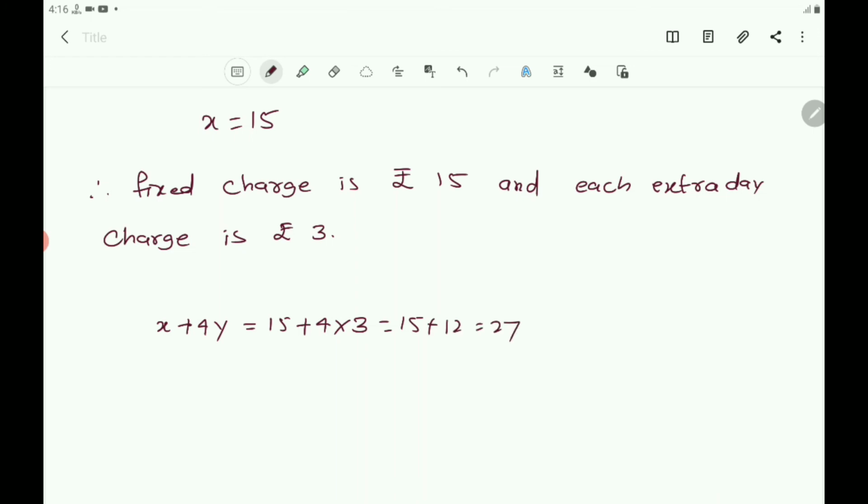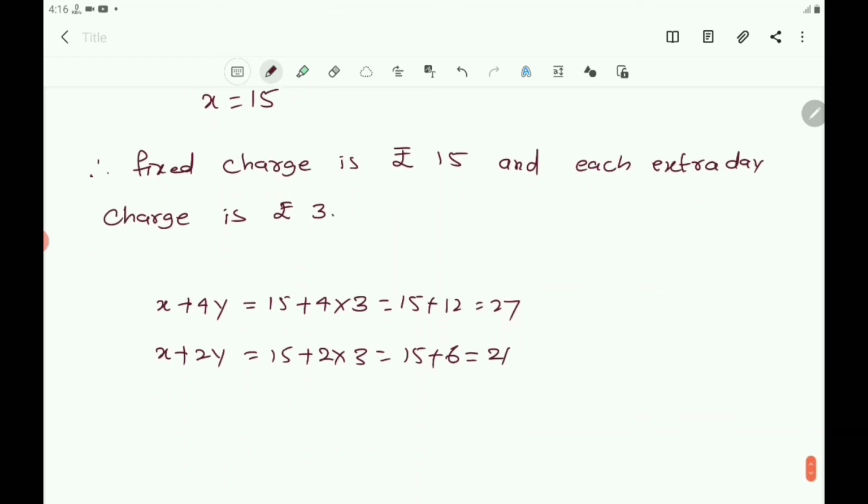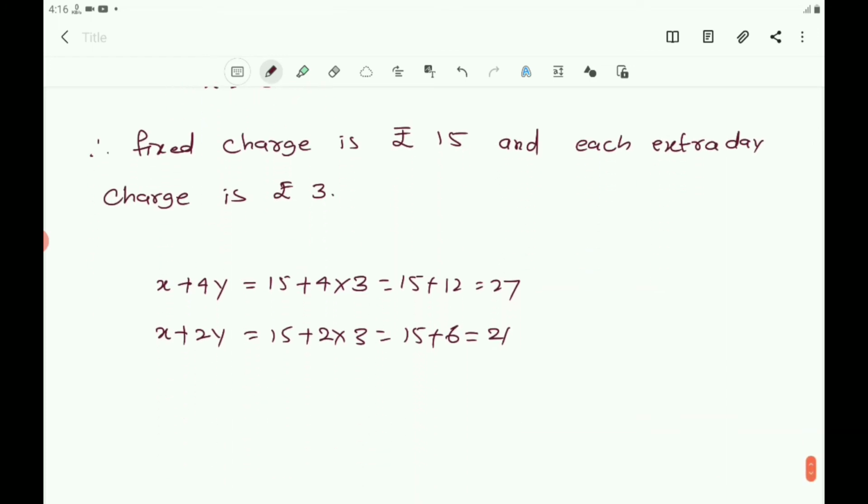And Susi paid x plus 2y, that is 15 plus 2 into 3, that is 15 plus 6 equals 21 rupees. In this way, the problem based on the pair of linear equations to be solved by the elimination method is completed. That exercise is completed.